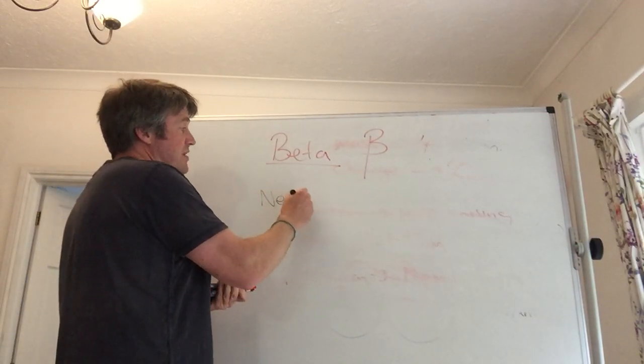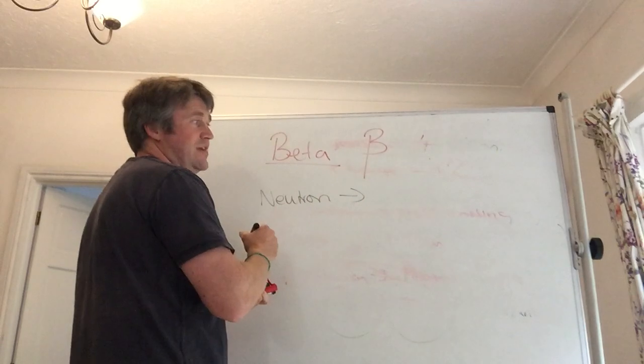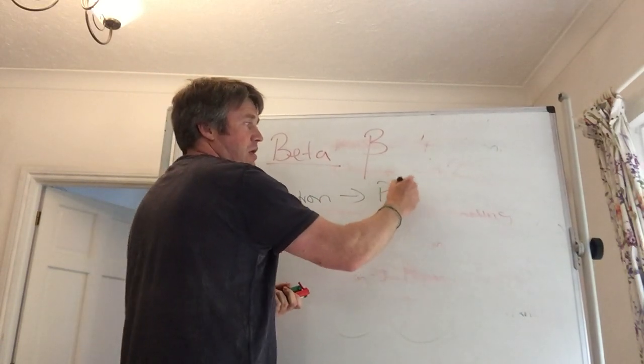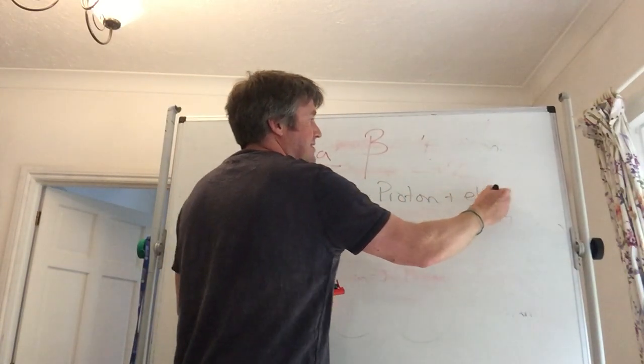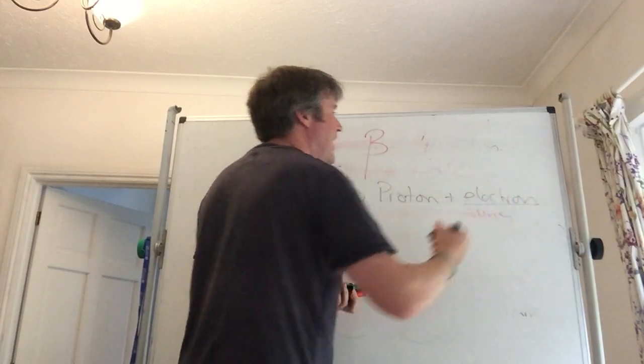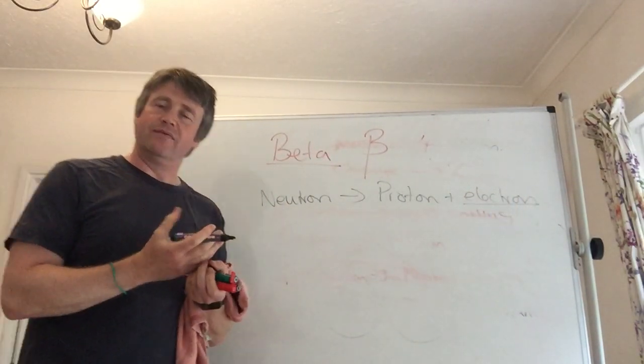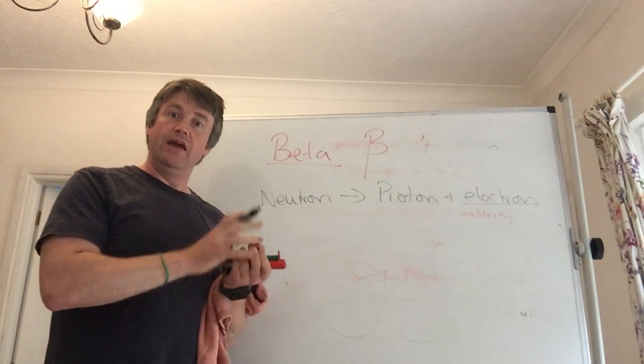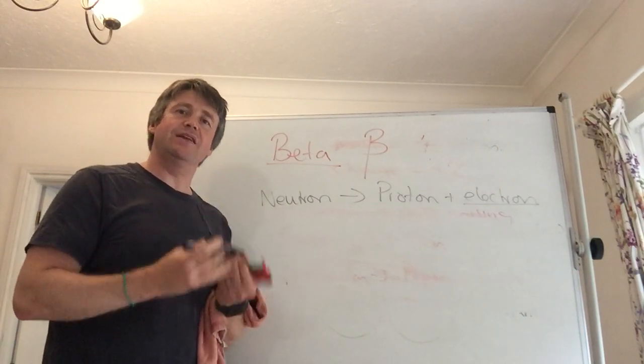What happens is a neutron breaks down into a proton and an electron. That electron is emitted, and that's why it has the symbol e in the nuclear equation sometimes, because it is an electron.